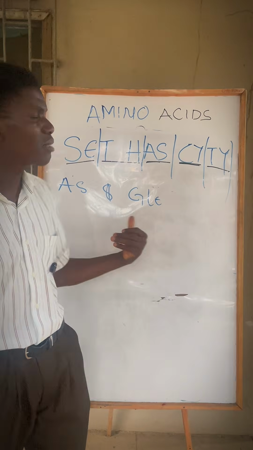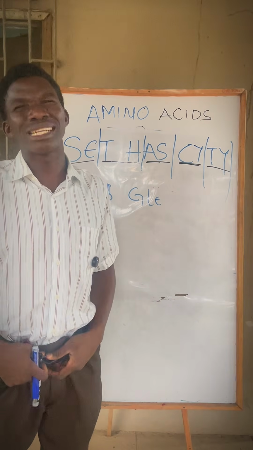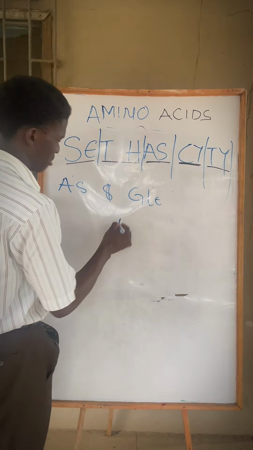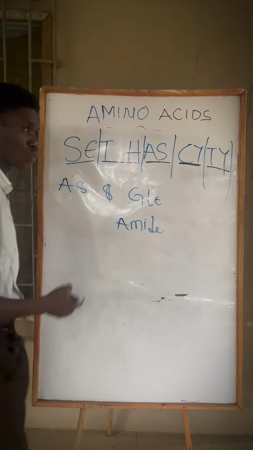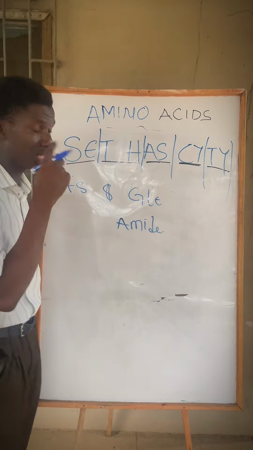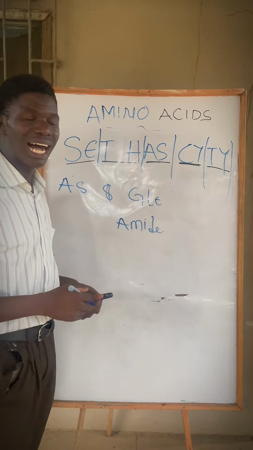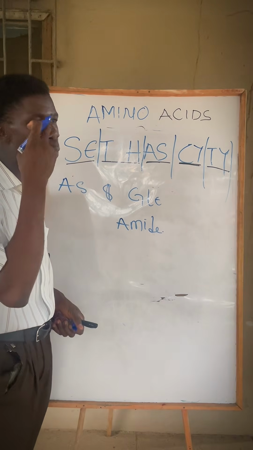But this asparagine and glutamine, they are actually under a particular group known as amide. They are called what? Amide. I just want to give you a cheat to remember their structure. As an amide, they have their own functional group.